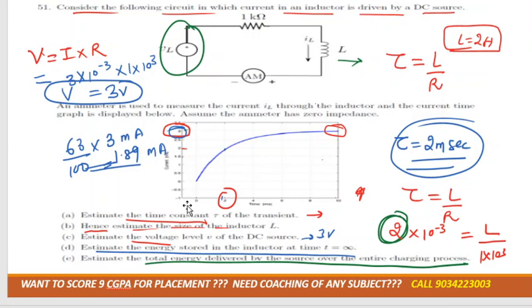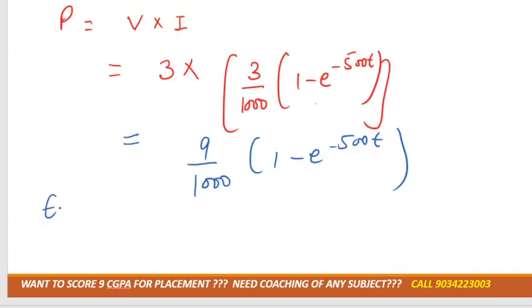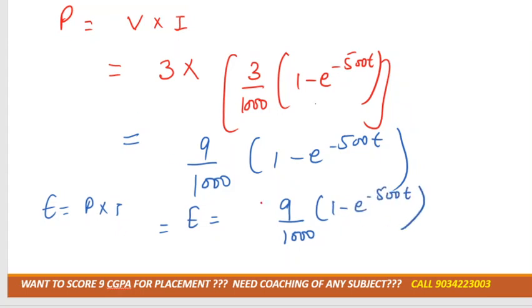See, according to the graph, time varies from 0 to 10 milliseconds. So for energy, that is power multiplied by time, energy is the integral from 0 to 10 milliseconds of 9 by 1000 times 1 minus e raised to power minus 500t, dt.